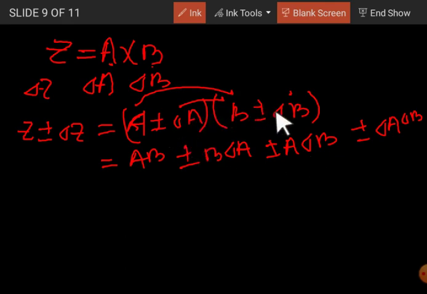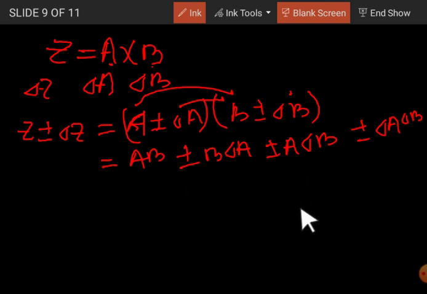Then if you multiply these, it will be plus minus delta a delta b. But delta a and delta b being the absolute errors of two physical quantities, delta a is a very small quantity, delta b is also a very small quantity. So the product of these two small quantities will be very small. Got it? But keep it for the time being. Let's do the further simplification.